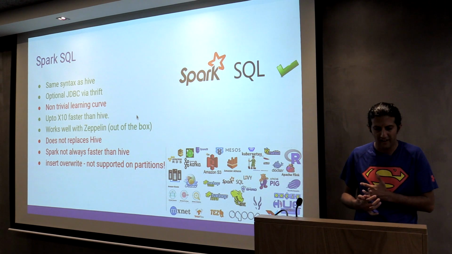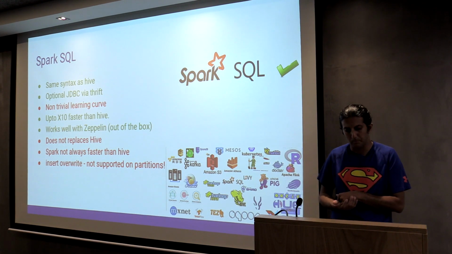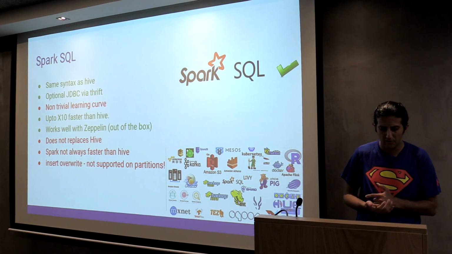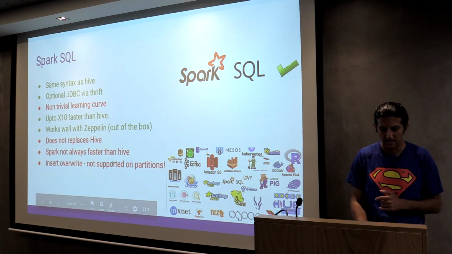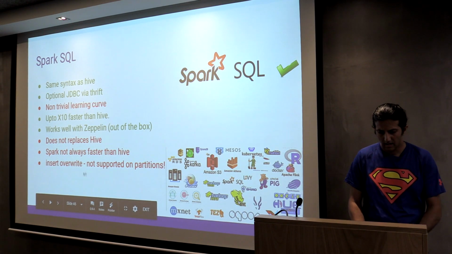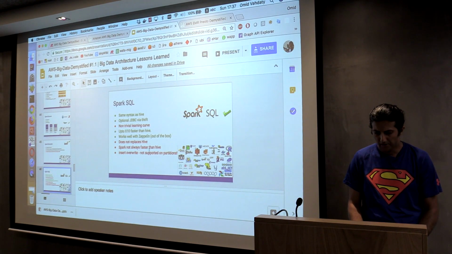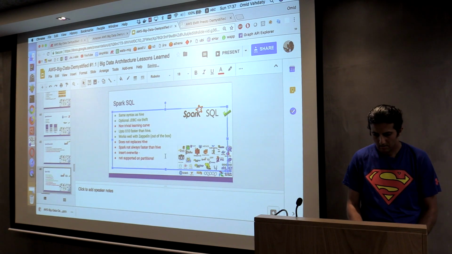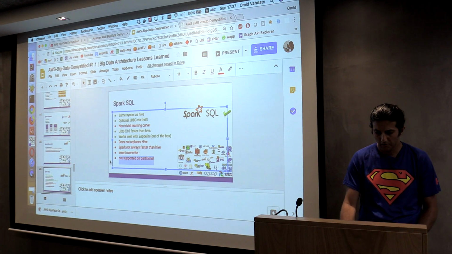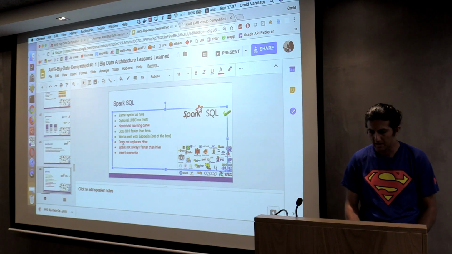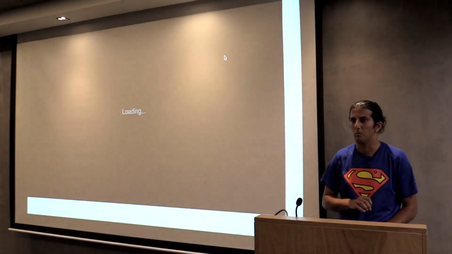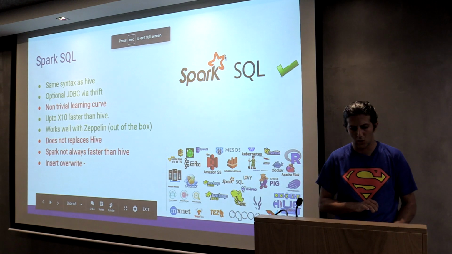It's not always faster than Hive. Spark is usually faster, but in some cases it's the other way around. Not supported on partitions. It's no longer true. I was sent a comment that this was fixed from version 2.3.2.